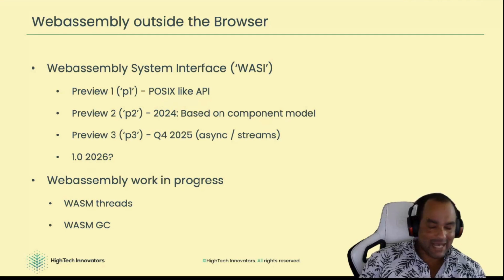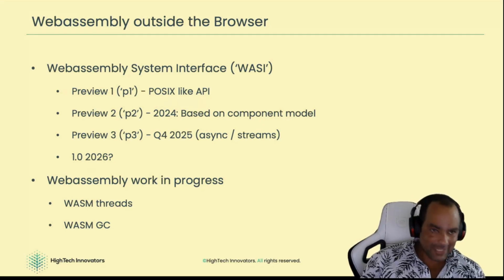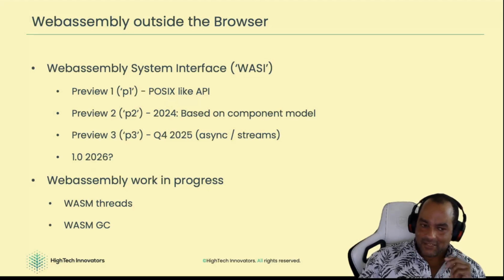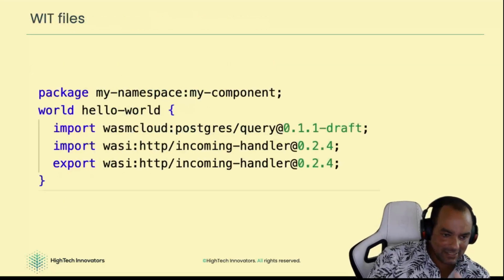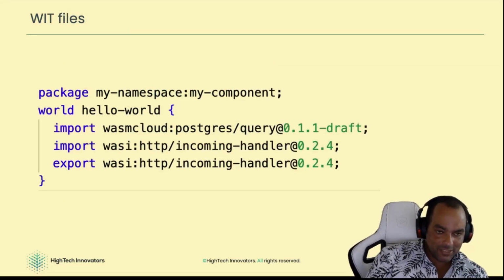But it kind of retained all the problems we had with POSIX, because you can't do anything. It's up to you to make sure nothing escapes. And the current version, P2, is based on the component model. So now we have to really declare, like I just did in the WIT file, if I want to touch anything outside this component, it needs to be there.